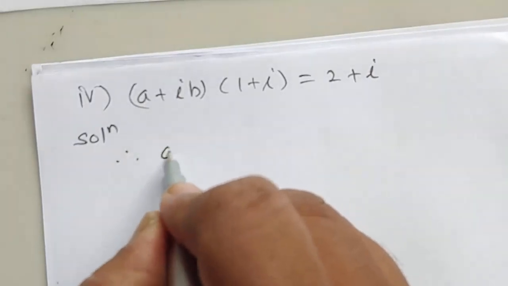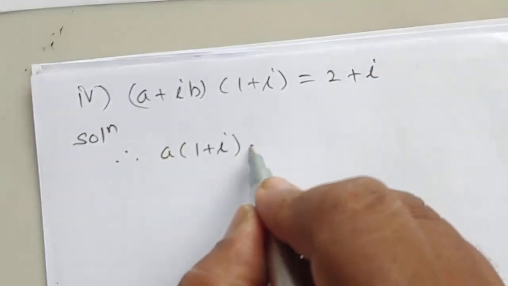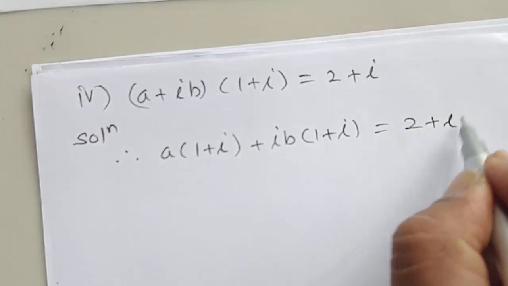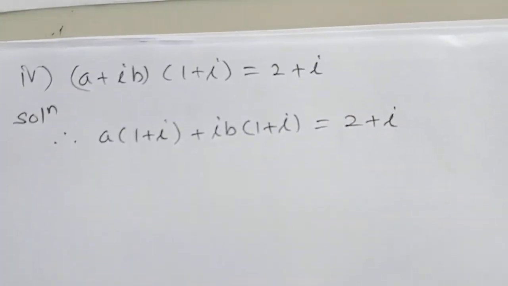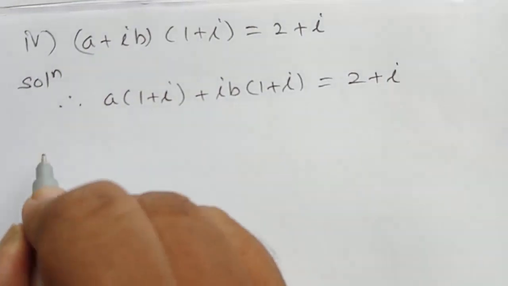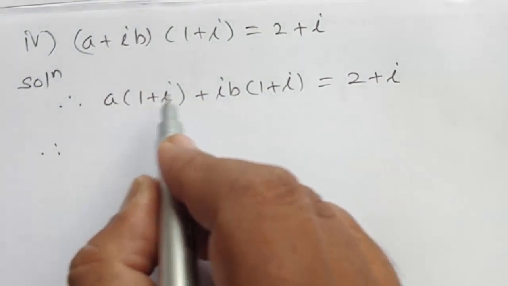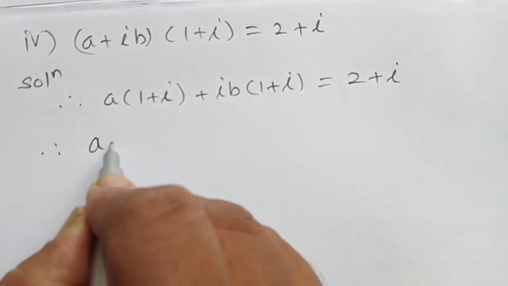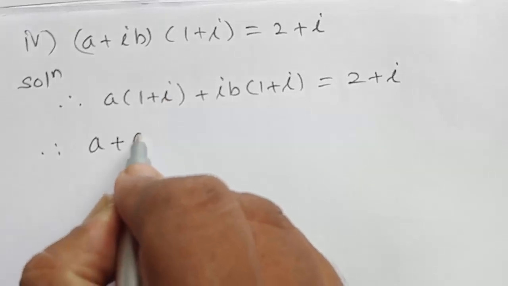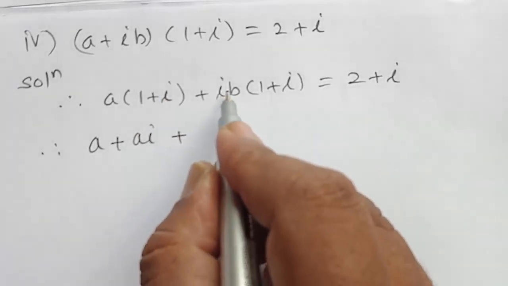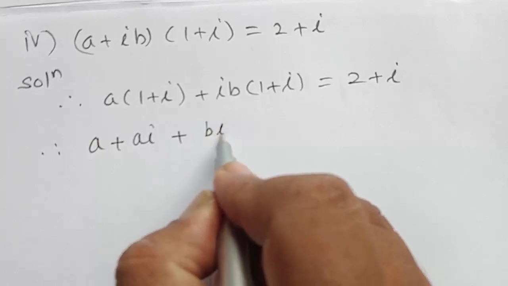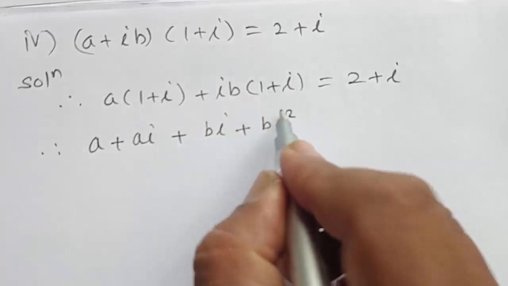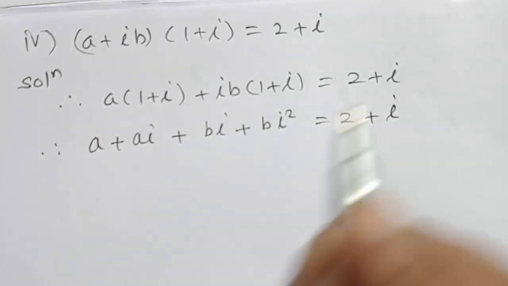Therefore, a into (1 plus i) plus i into b into (1 plus i) is equal to 2 plus i. Now multiply a inside the bracket, i into b inside this bracket: a into 1 is a, plus a into i, ai, plus i into b into 1, that is b into i, plus b into i becomes i square, is equal to 2 plus i.